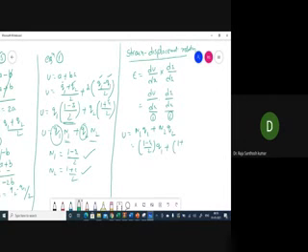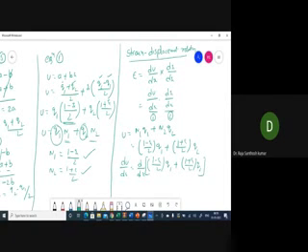Okay. Now I have found the shape functions. Now I'm going to find the strain displacement relation. What is the strain displacement relation?